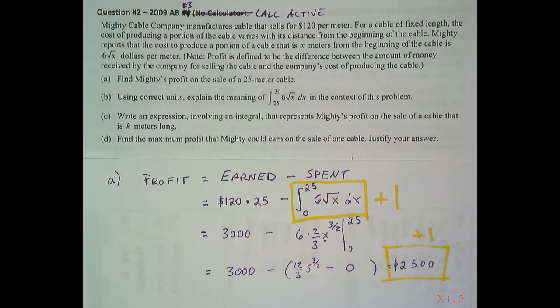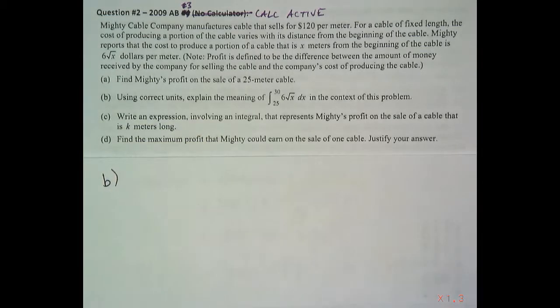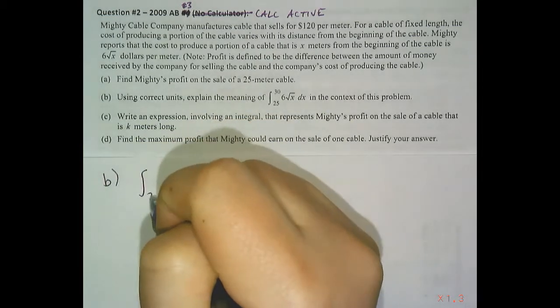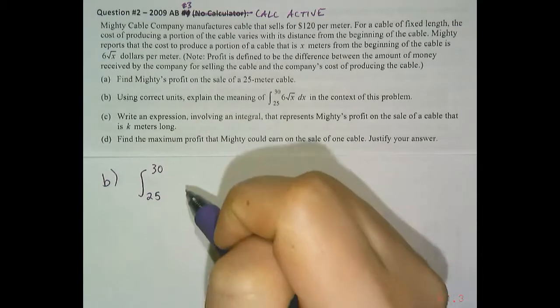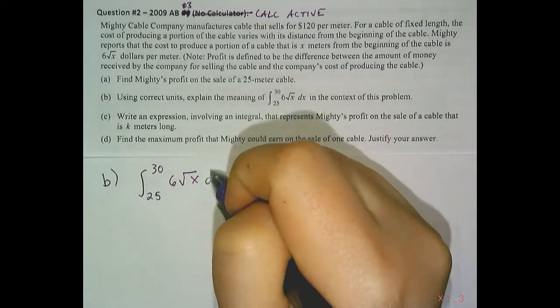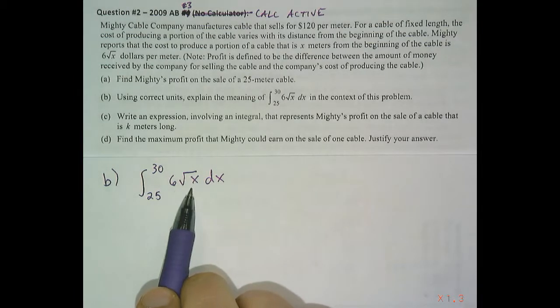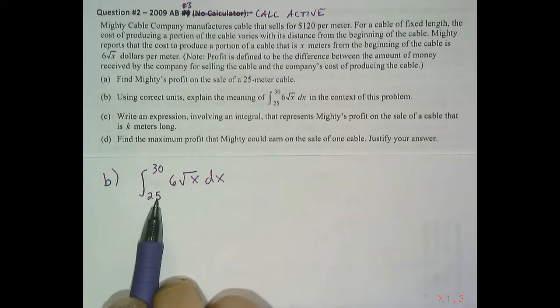Okay. Moving on to part B. Using correct units, explain the meaning of the integral from 25 to 30 of 6 root x dx. Now remember that this is the rate of dollars per meter to produce the cable, and if we integrate the rate, we get our accumulation.